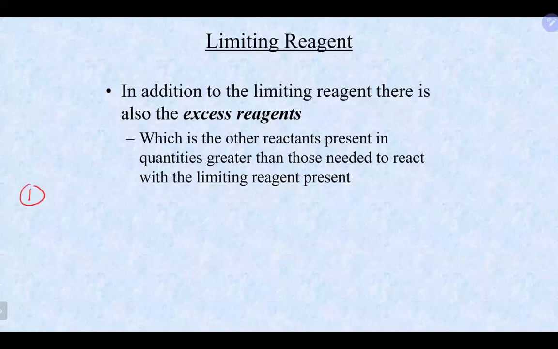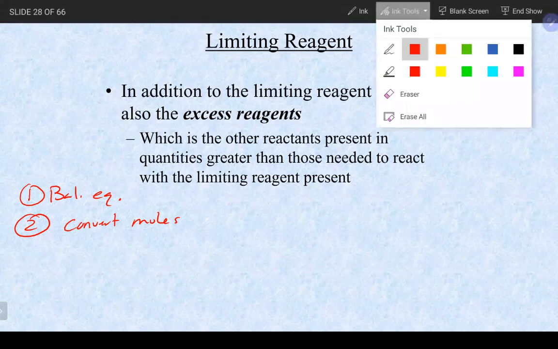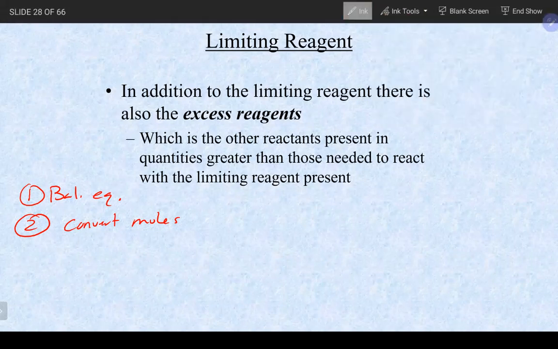So the first step again would be to balance the equation. The second step would be to convert to moles, and pretty much no matter what method you use, those are always the first 2 steps that you do. The additional step that we'll do when we solve limiting reagent problems happens right around here. We're actually going to do a calculation to determine the limiting reagent.